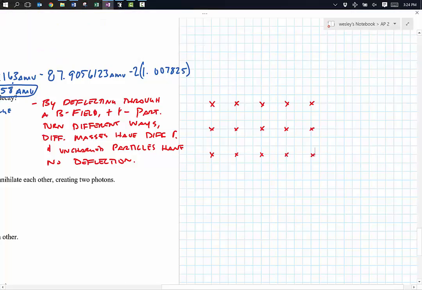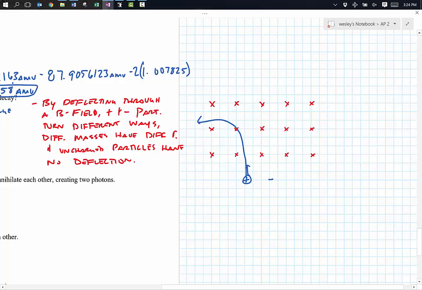We send an alpha particle, which is positive, into that magnetic field. The velocity is up, the magnetic field is into the page, and so that positive particle would turn this way.